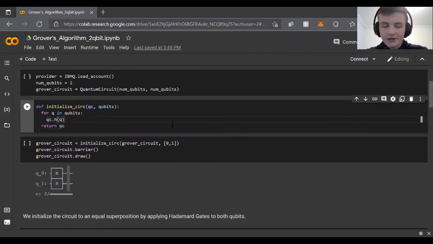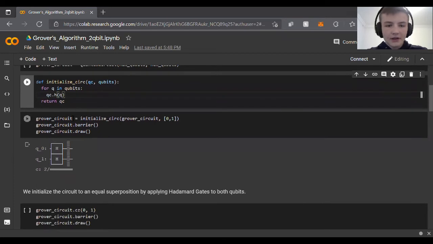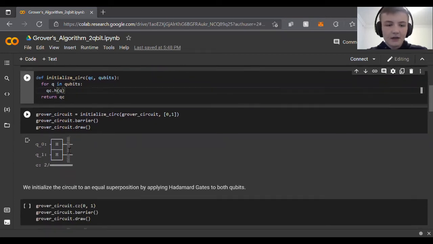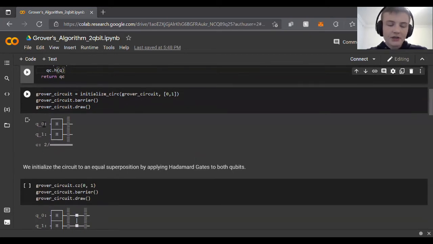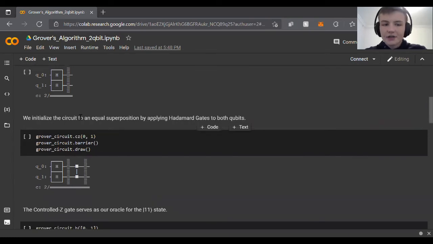Once again, this is our initialization, as covered earlier in the video. We initialize the circuits, draw a barrier, and then draw them. This is what it would look like, where each of our qubits has a Hadamard applied, and this barrier is just for visualization purposes once we start making more complex circuits. Once again, we initialize the circuit to an equal superposition by applying Hadamard gates to both qubits.